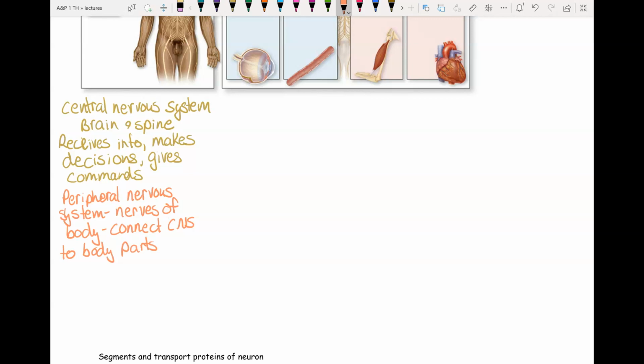And nerves have structures on them called ganglia. Ganglia are swollen areas of nerves, kind of like a little knob on the nerve, where cell bodies are housed. And in the next section, we'll look at the parts of a nerve and you'll see what a cell body is.